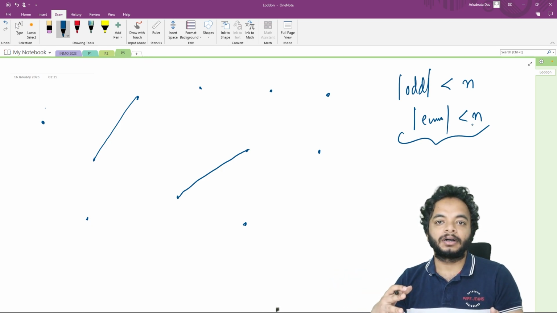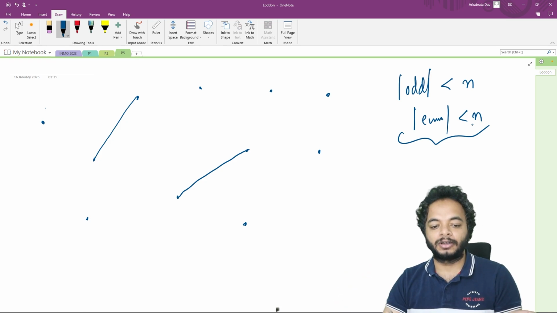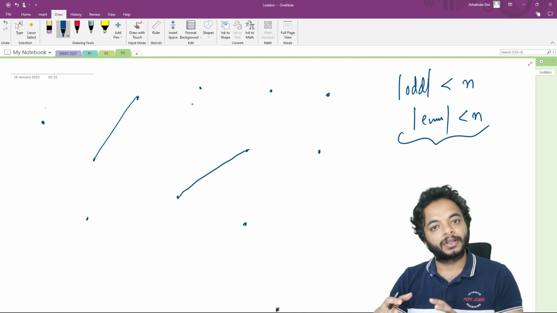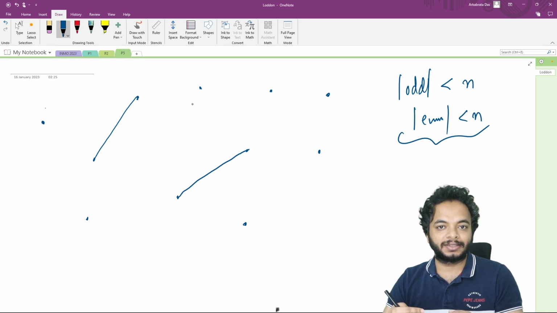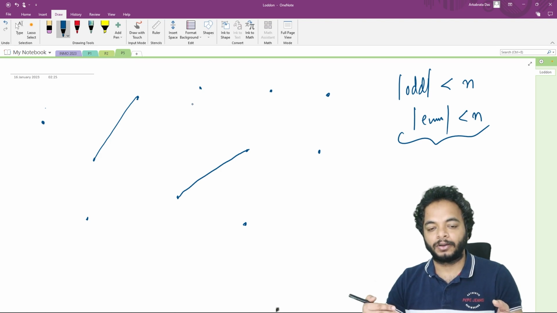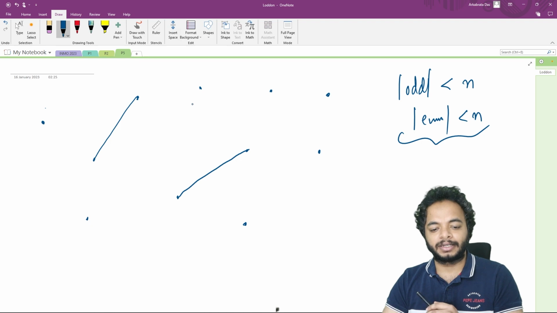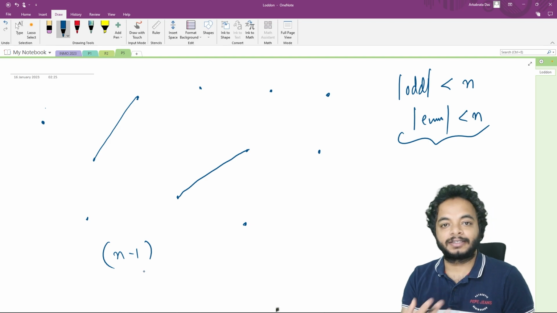So given n points, n minus 1 is the max number of edges I can draw in such a way that I won't form a cycle. It's basic graph theory, so go and check it out; I leave that part to you. It's a very nice result that I can have at most n minus 1 such edges.